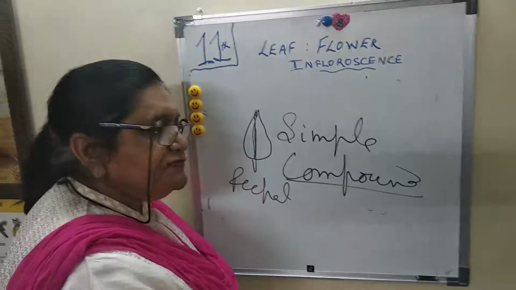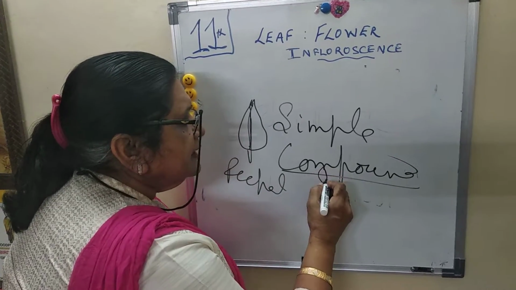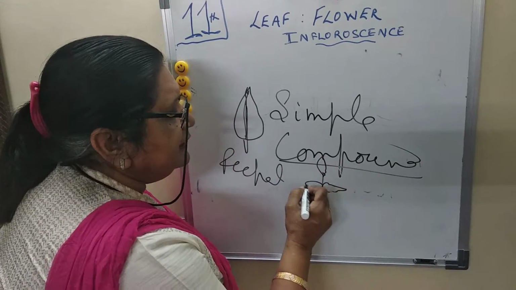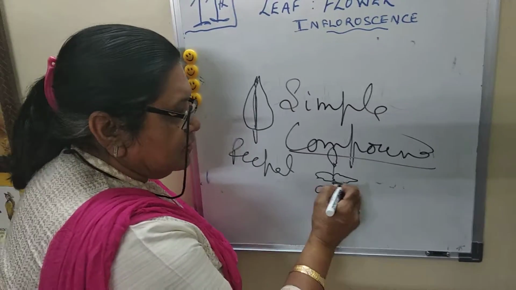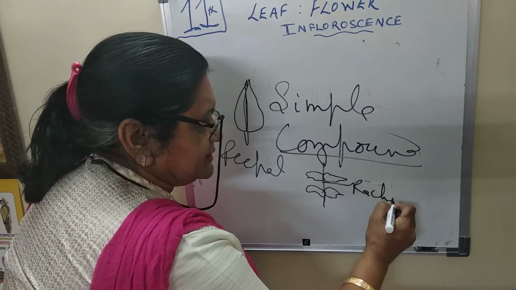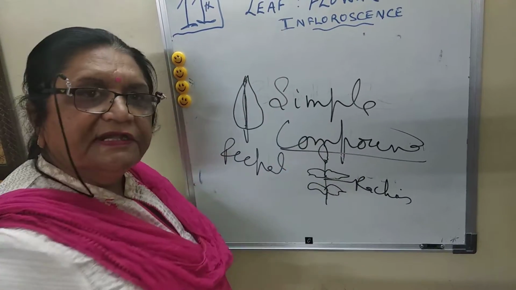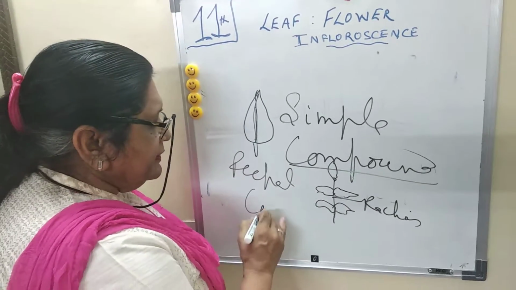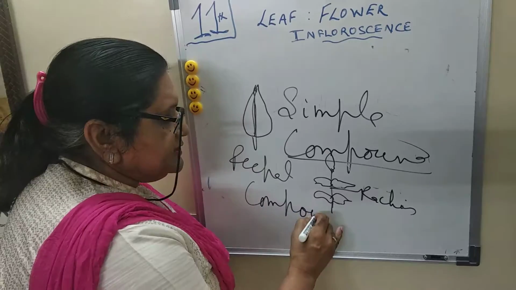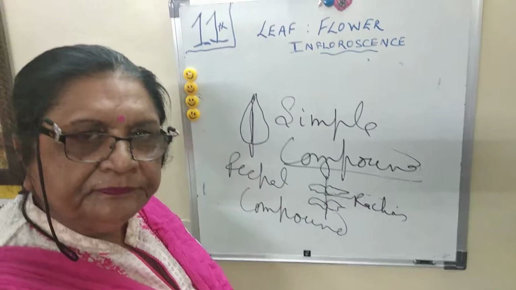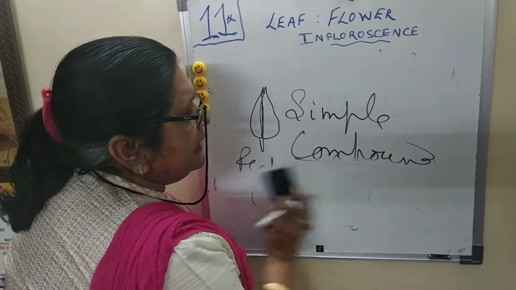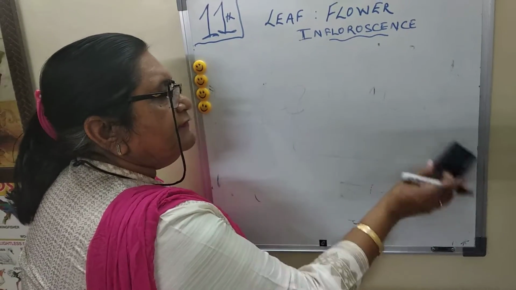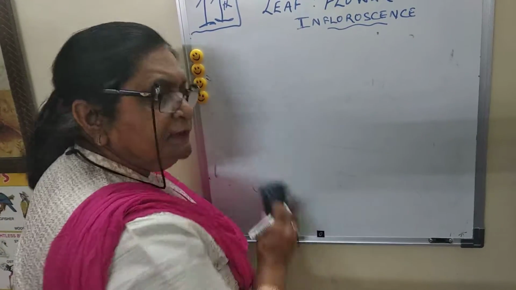Second condition, you have seen in rose, the lamina is divided like this. This is called the rachis. And the lamina is divided into many leaflets, then the leaf is said to be a compound leaf. So it means simple and compound leaves are the varieties in nature.